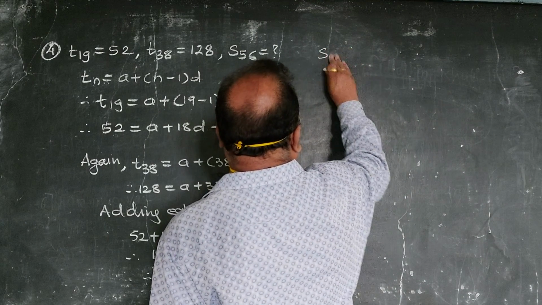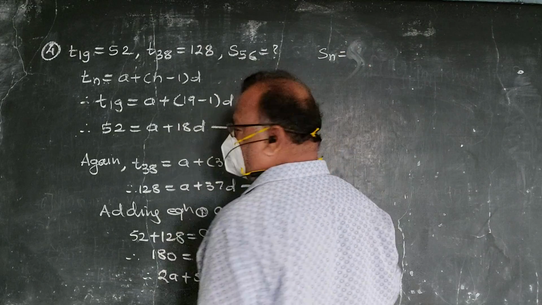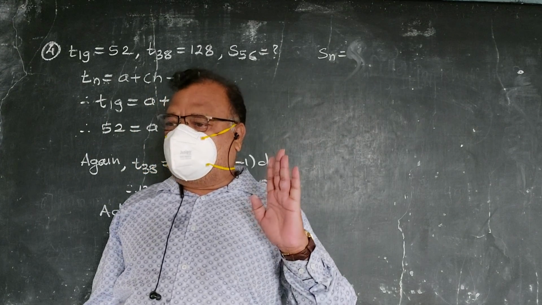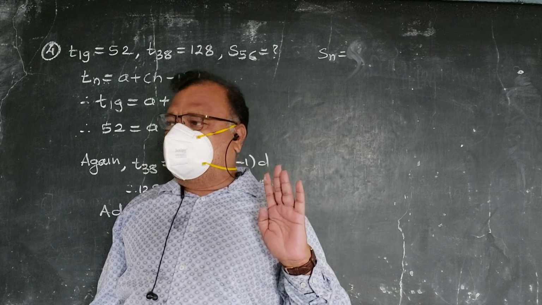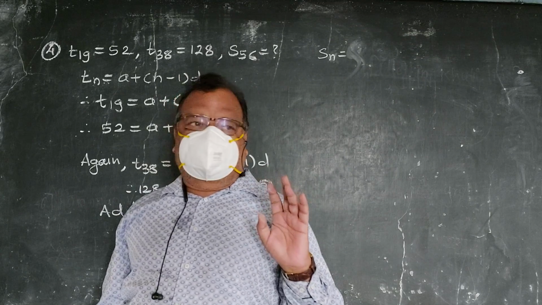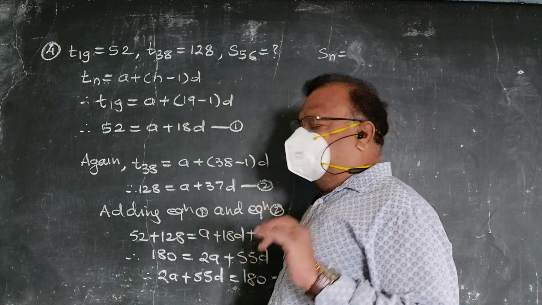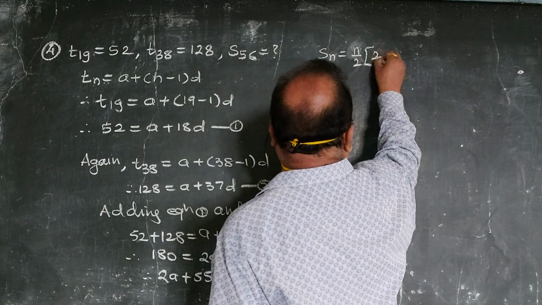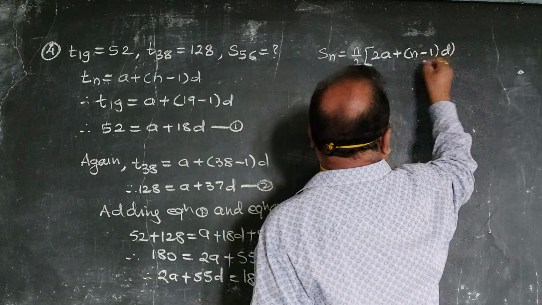So first of all, the formula for Sn. Who will write the formula for Sn? Come on. Don't look in the textbook and tell. Who will tell the formula for the sum of n terms? Sum of n terms is equal to n upon 2 in the bracket 2A plus n minus 1 into d.